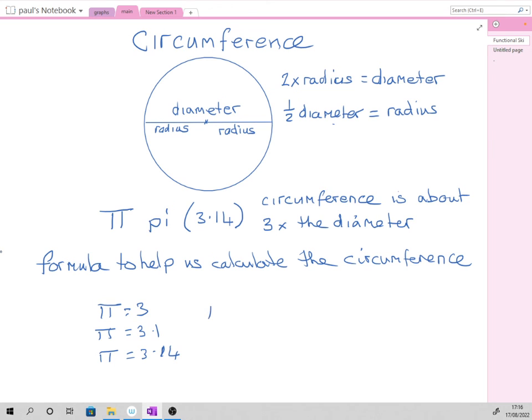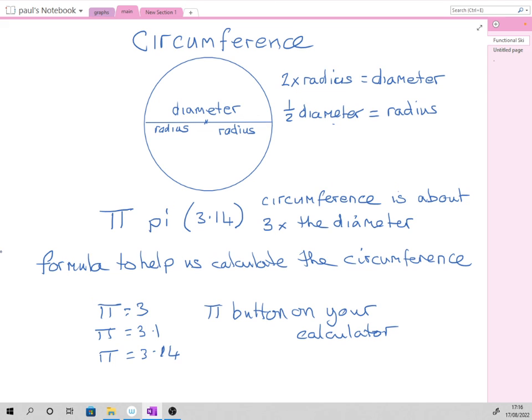And there is also a pi button on your calculator. If there isn't, then go and buy one with a pi button on. On my calculator, it's a little yellow symbol above the button in the middle at the bottom.